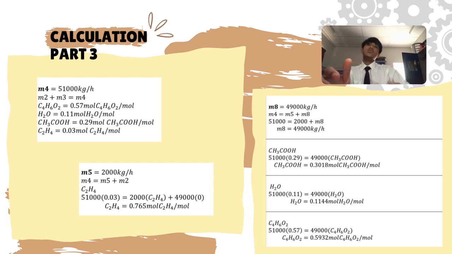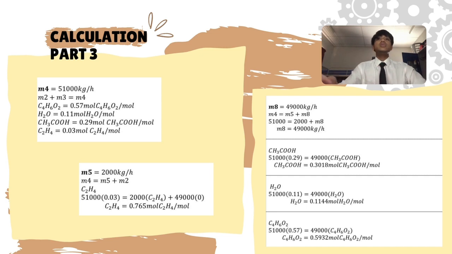So let's take a look at how we calculate M5. We assume M5 is 2000 kg per hour. The formula is M4 equals M5 plus M8.